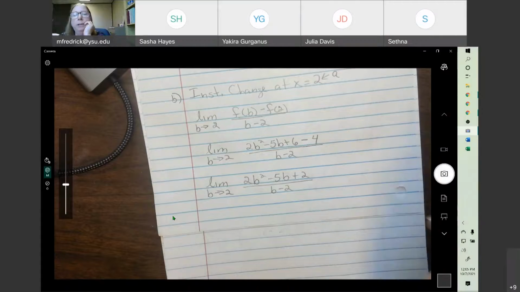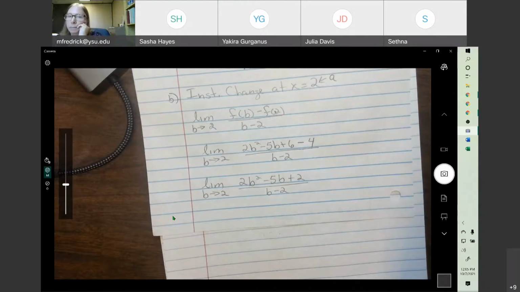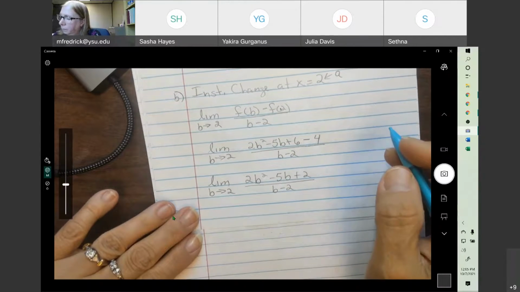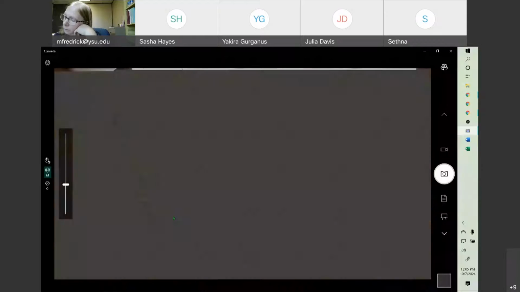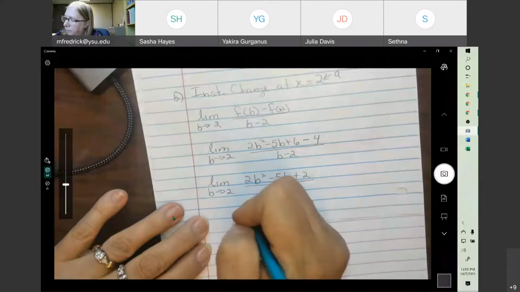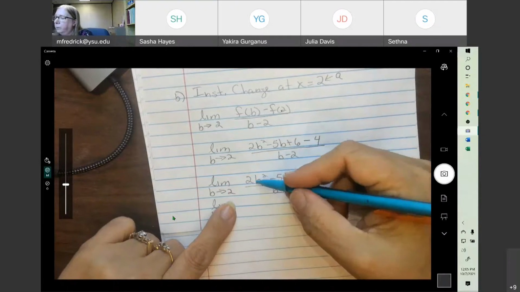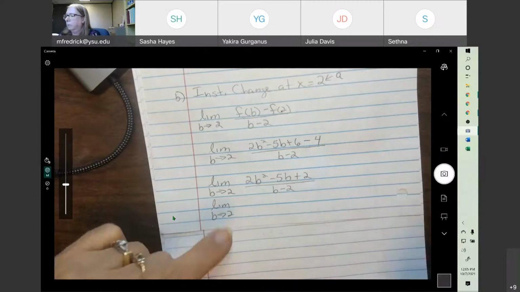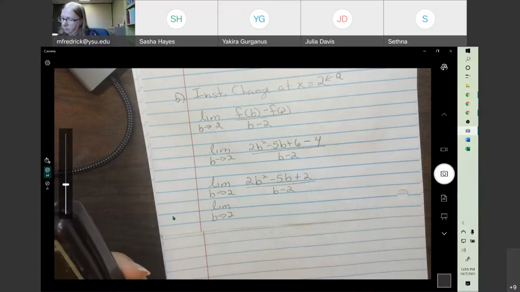Any questions on that part? Wait a minute. Yeah, I did that right. It should factor. Oh yeah. The limit is b approaches 2. Now if you plugged 2 in here, you were going to get 0. 2 times 4 minus 10 plus 2.